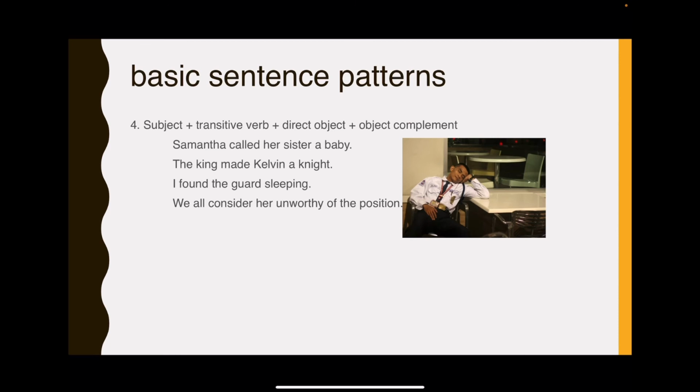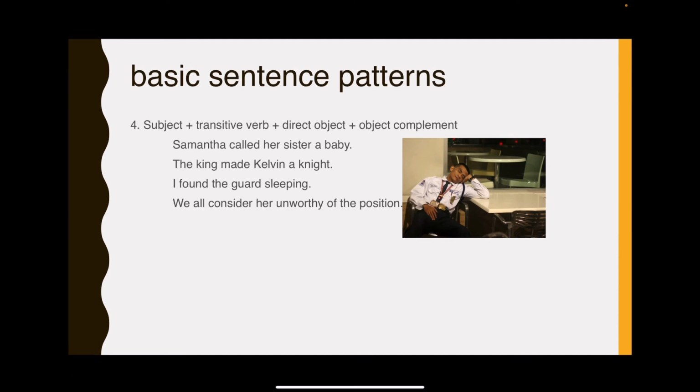What we need is the object complement right after the direct object to fulfill the direct object. Okay, so this is not the indirect and direct object, because that would be something else. It should be ditransitive, right? But here it is not ditransitive. So what we need is the direct object, but another one is the object complement, okay? And it looks like this.